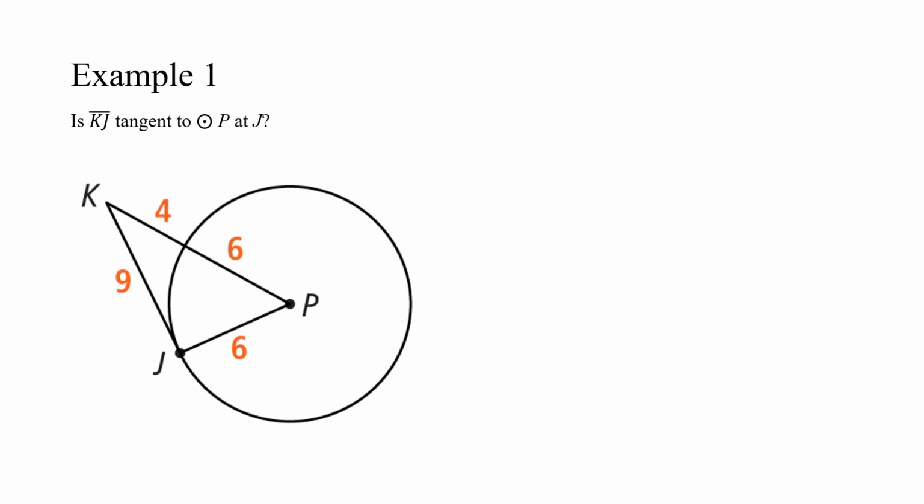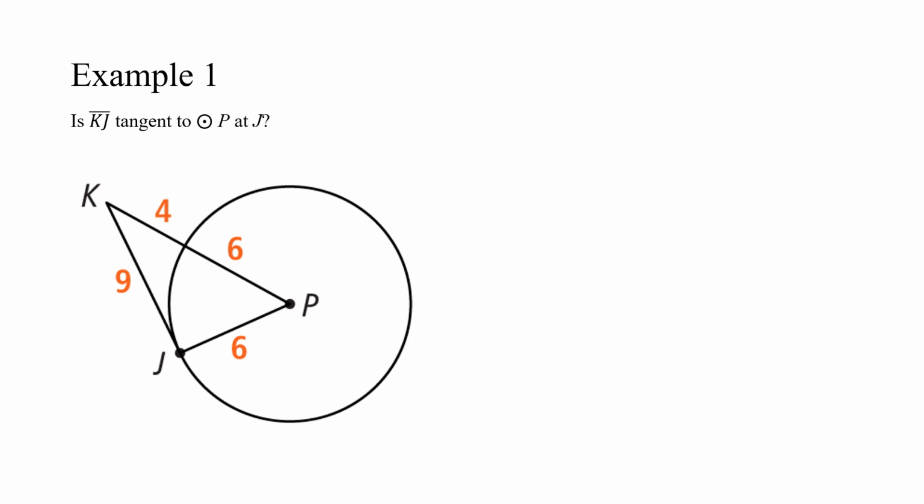Now let's take a look at an example where we need to apply that theorem. We're given a circle, circle P, and we're told that circle P has a tangent segment KJ at point J. If KJ is a tangent line, then according to the theorem, KJ has to be perpendicular to the radius.